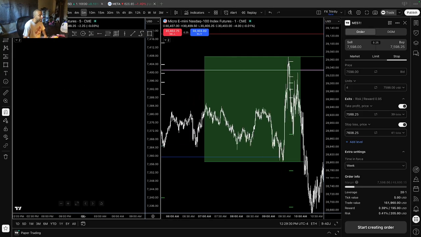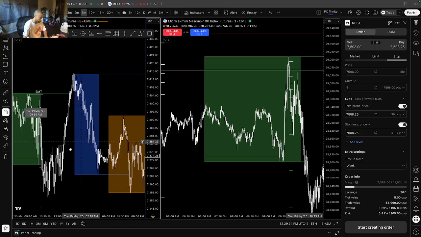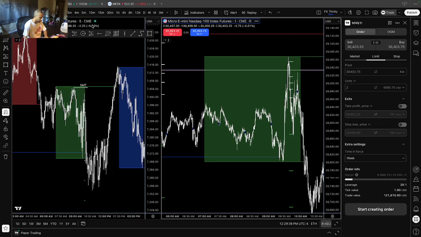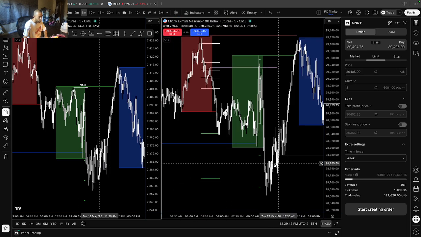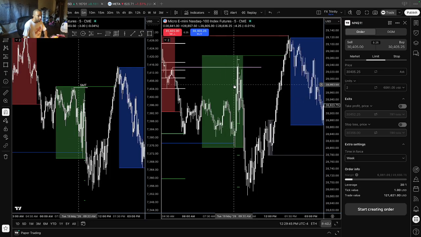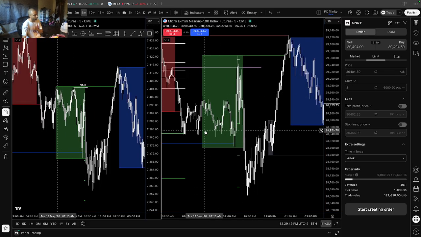Now here's how the day should have gone. We're taking this 5-minute breaker structure out of consolidation already. Red flag.